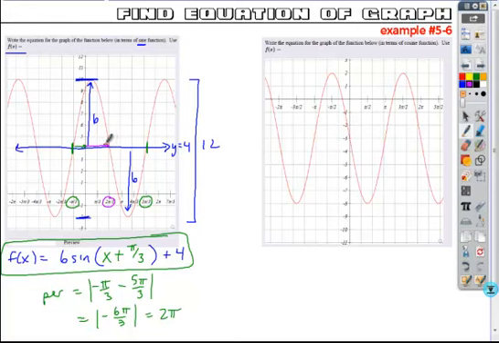So if you saw it being shifted to the right, everything else would still stay the same. We'd still have f of x is equal to 6 sine of x plus 4. But if I looked at this as being shifted over to the right, so now as it moves through, what would my horizontal shift be?